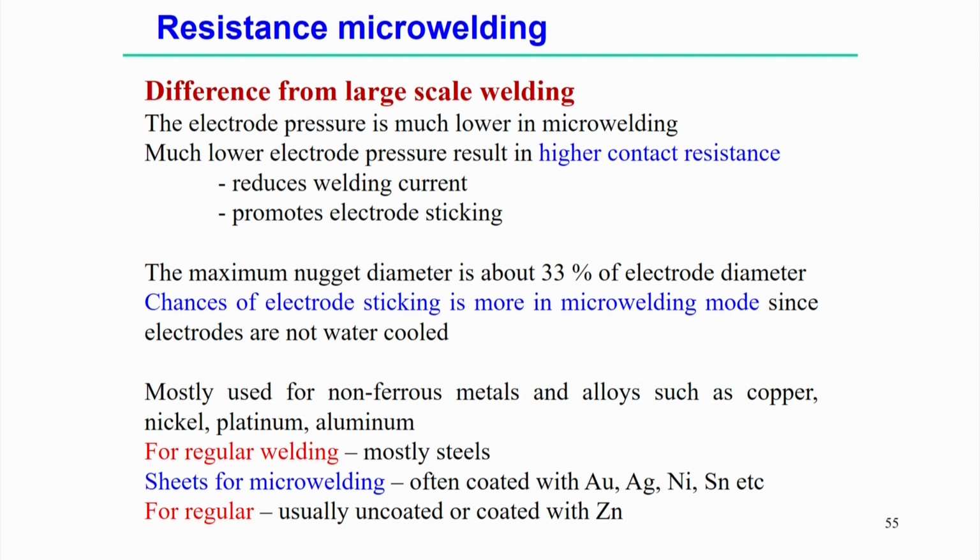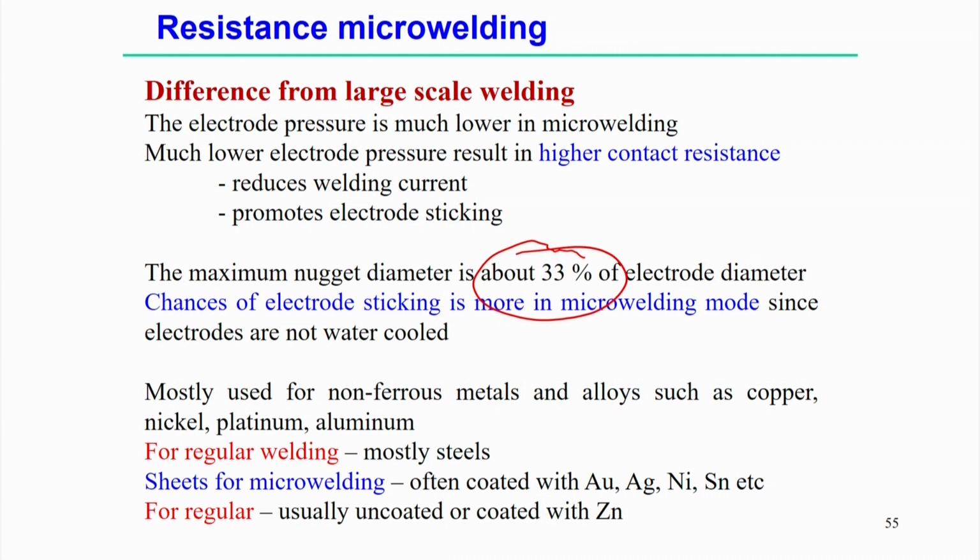It is observed that the maximum nugget diameter in the resistance micro welding process is around 33% of the electrode diameter. But the chances of electrode sticking are higher in micro welding applications, because the electrode size is small.